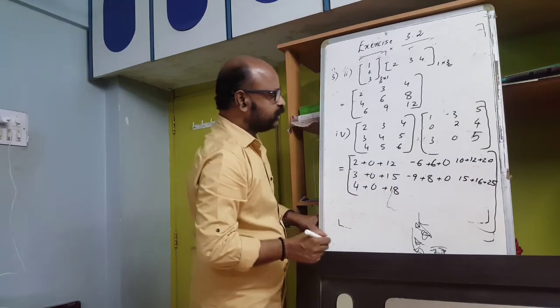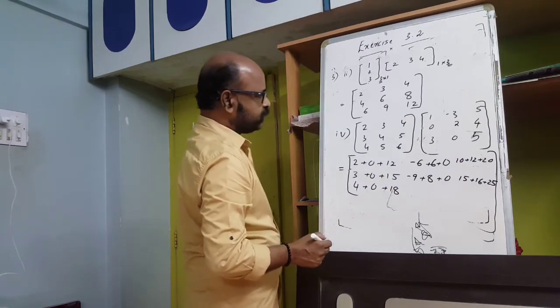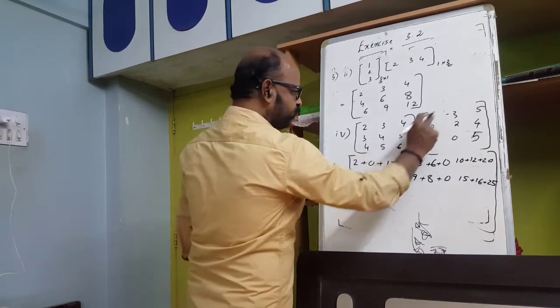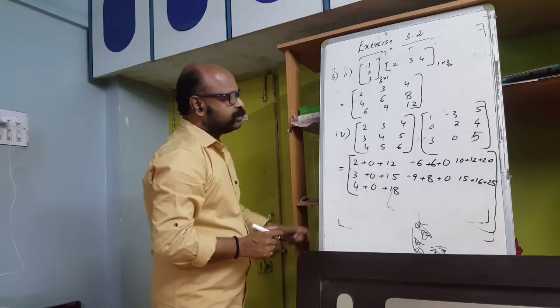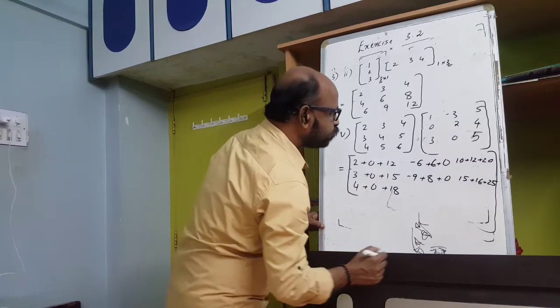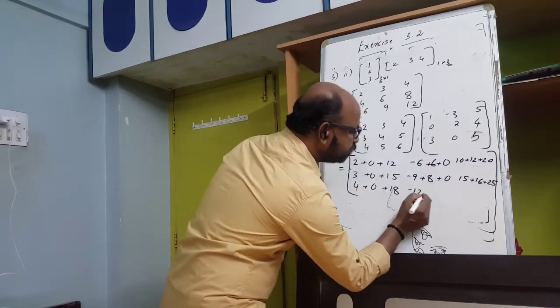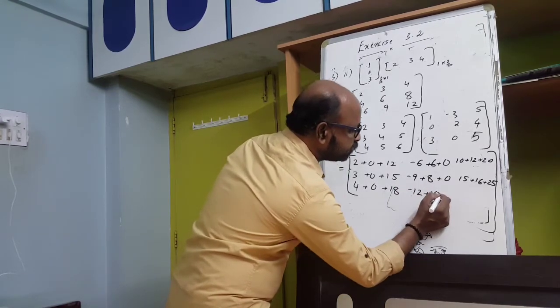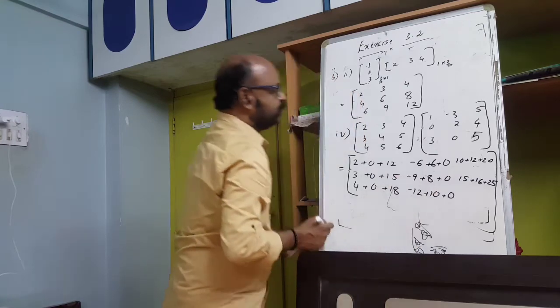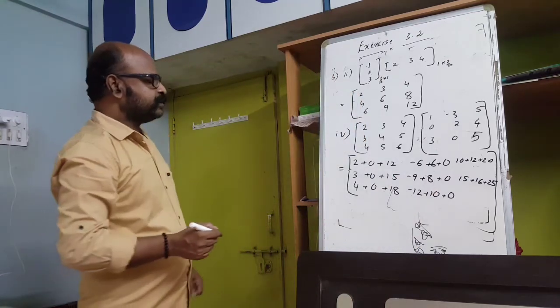The third row into first column, 4 into 1, 4, 5 into 0, 0, 6 into 3, 18. Now third row into second column, 4 into minus 3, minus 12, 5 into 2, 10, 6 into 0, 0. Okay, and the last element, that is which one?